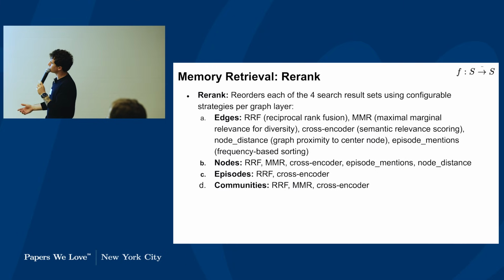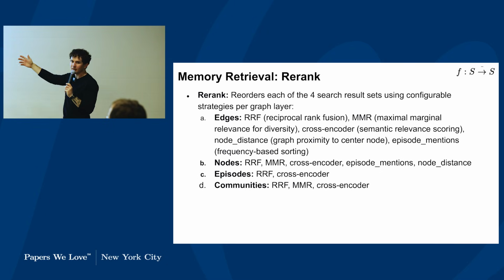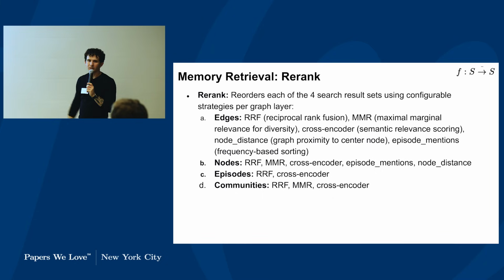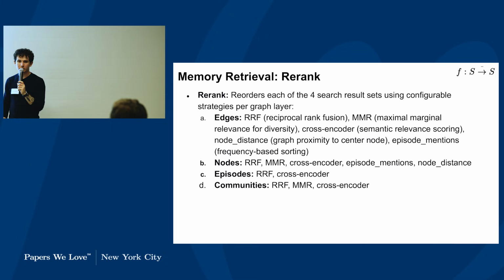There are interesting ones like graph proximity to the center node. That one's pretty cool because it's very ZEP specific. But often there's re-ranking that's purely LLM as well. As I understand it, they're deploying a number of techniques here. I didn't get too up close with them, but they're definitely doing a lot as far as re-ranking is concerned. Cool. Any other questions?